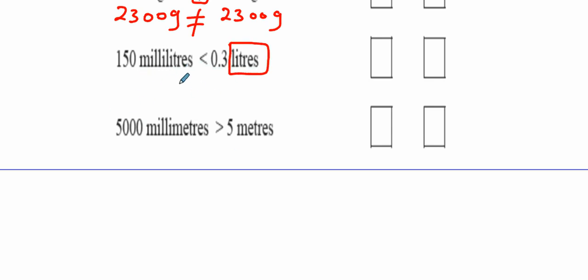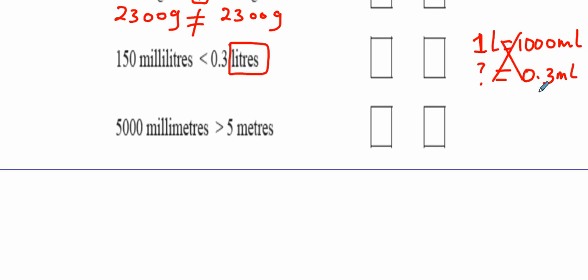The conversion factor is 1 liter equals 1,000 milliliters. How about 0.3 milliliters, how many liters will that be? So cross multiply: 0.3 times 1, then divide by 1,000.